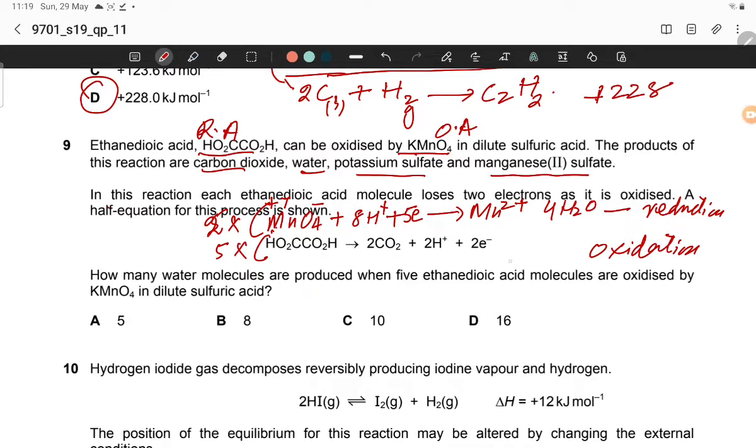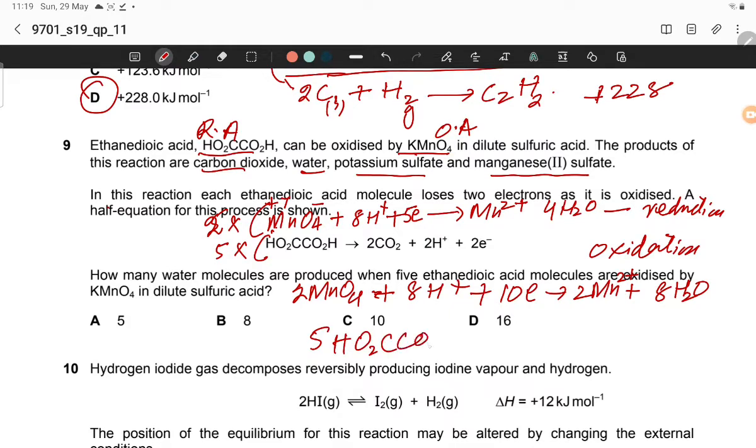So the reaction is now 2MnO4 minus plus 16H positive plus 10 electrons to 2Mn 2 positive plus 8 water molecules, and 5 HO2CCO2H to 10 carbon dioxide plus 10 hydrogen ion plus 10 electrons. So the electrons are cancelled out.